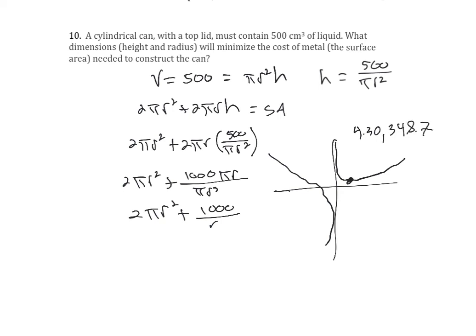That means we would set our radius equal to 4.3, and that would yield a total surface area of 348 square centimeters, which would be the lowest surface area for a cylinder that contains 500 centimeters cubed of liquid.